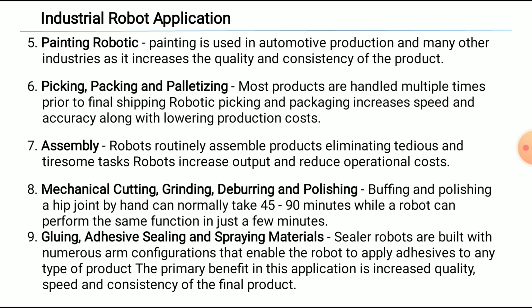Next, painting robots. Painting is used in automotive production and many other industries as it increases the quality and consistency of the product. Cost savings are also realized through fewer reworks. Next, picking and packing.